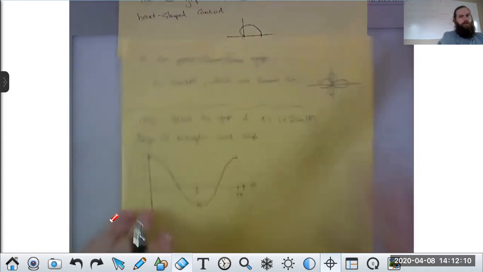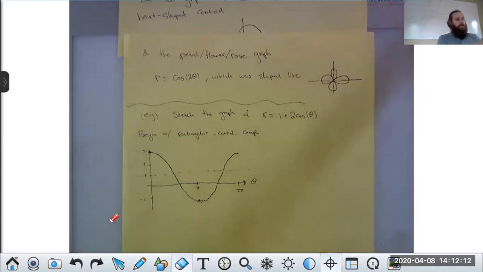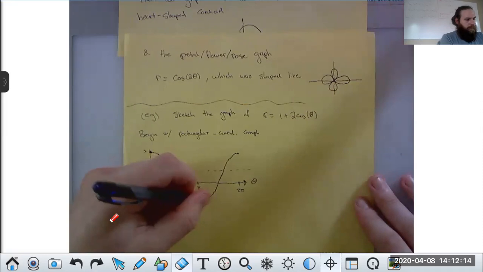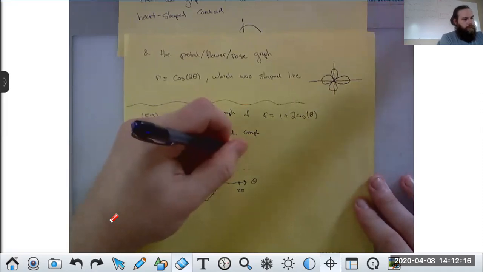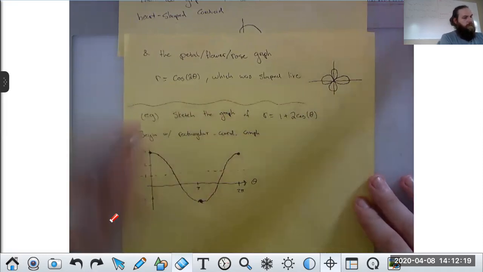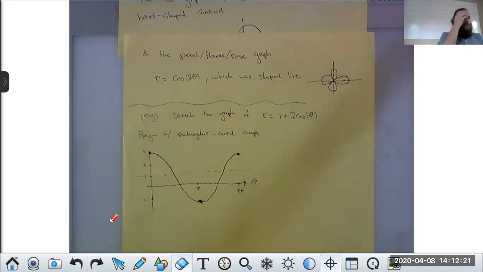All right, so here's the rectangular coordinate graph of 1 plus 2 cos theta. It's a cosine wave with amplitude 2, shifted up 1. As always, we want to label all the important points, right? Quote unquote important points on this graph. That's anywhere you hit a min, a max, pass through equilibrium, or go through 0.